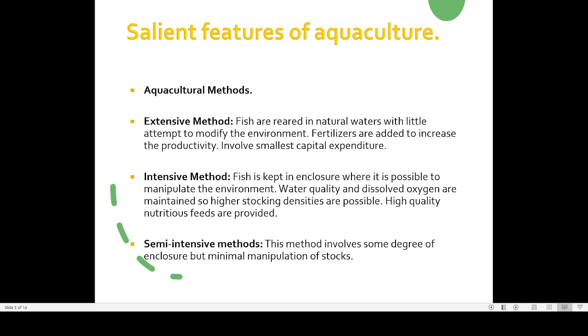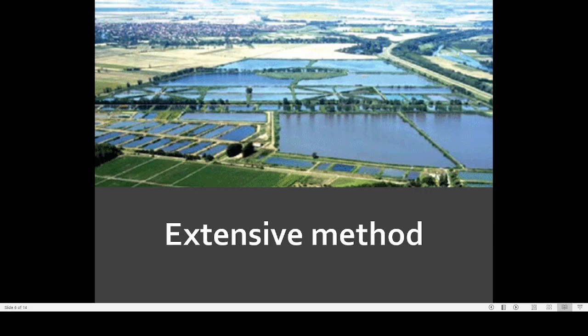The expense in terms of money will be very limited. So the capital expenditure is very low in extensive aquaculture. We are just rearing or growing fish in natural water like this. If you are growing fish in a natural environment or natural water bodies like this, we call it the extensive aquacultural method.